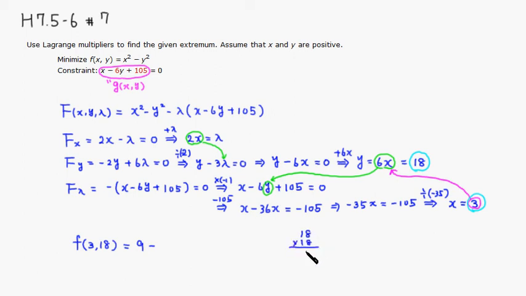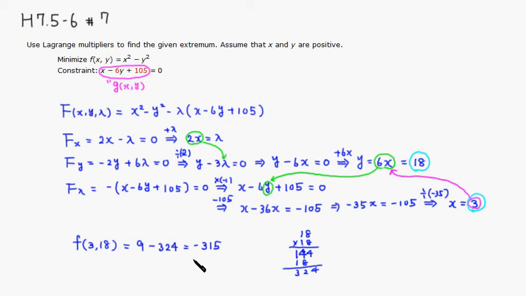Right, 8 times 8 is 64. 1 times 8 is 8, so it's going to be 14. So 1, 8, 4, 2, and 3. So it's going to be 324. Right? So this is going to be negative 315.